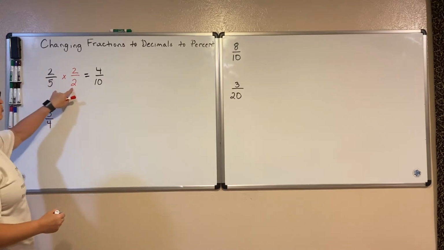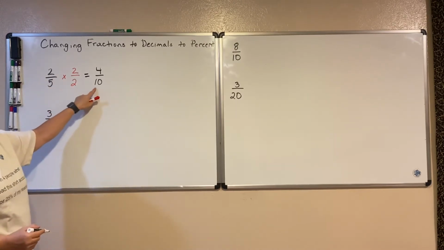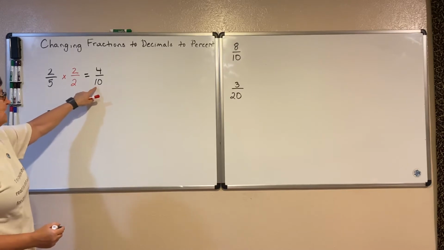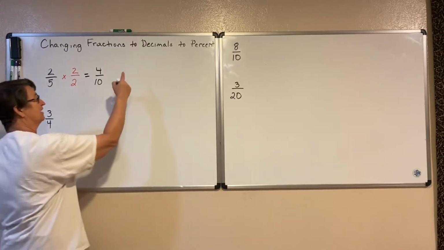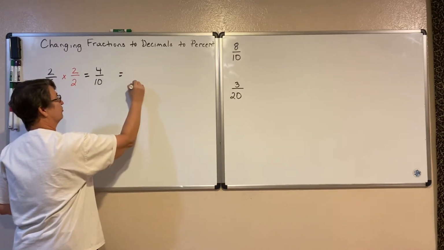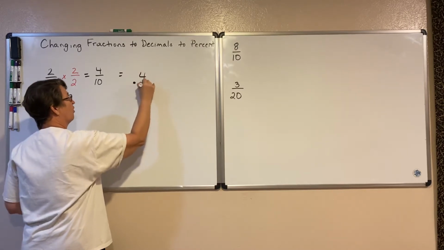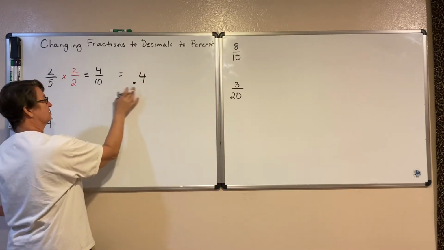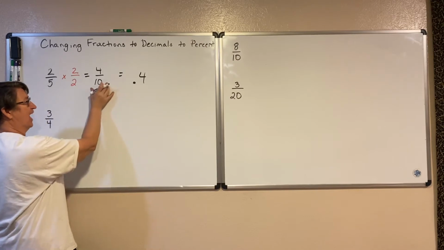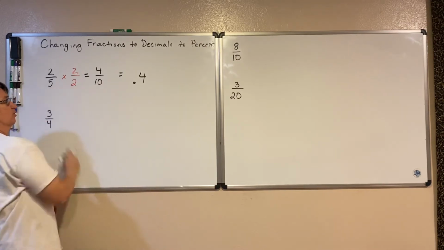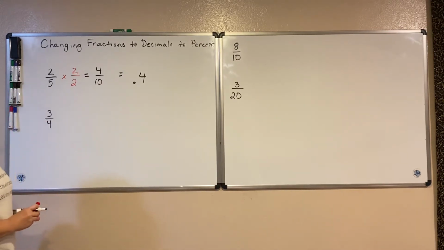Now I chose 2 because 5 times 2 gives me that 10. When I get it up to tenths, then I can write it as a decimal. As a decimal, then it's 0.4, which is 4/10. This number is the same as that number, is the same as this number. All of those numbers are exactly the same.